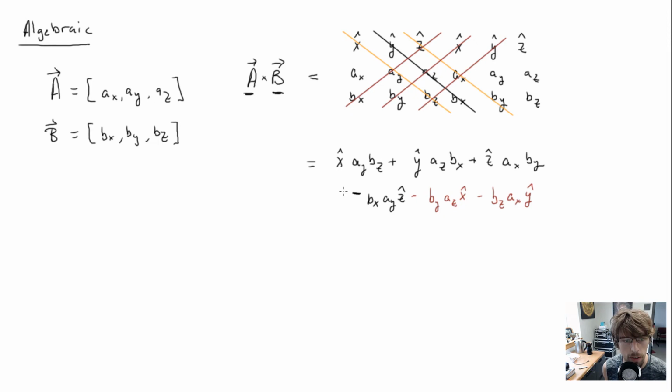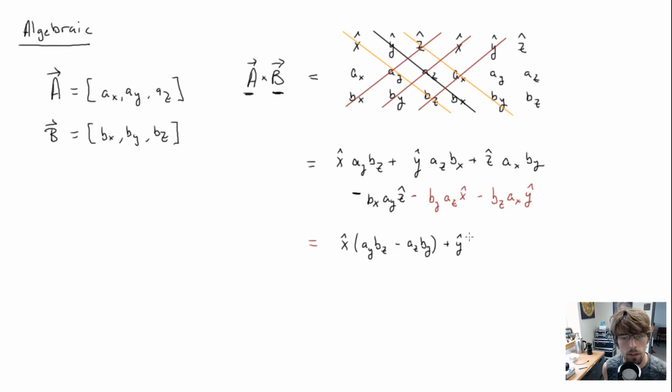Of course, we can simplify a little bit. If I take the terms with the X hats and put them together, this is X hat times (AY BZ minus AZ BY). And do the same thing.